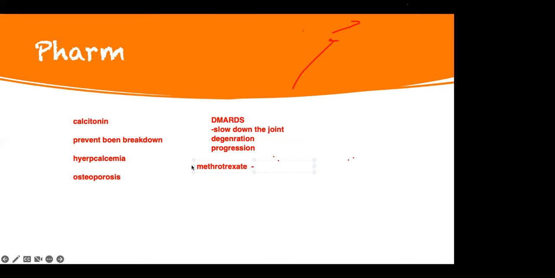This is teratogenic, so you tell them to avoid pregnancy as much as possible. It's also liver toxic, okay, and kidney toxic. So if you have liver and kidney issues, yeah, we cannot give it to you.